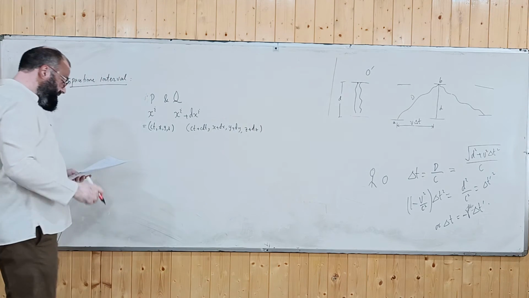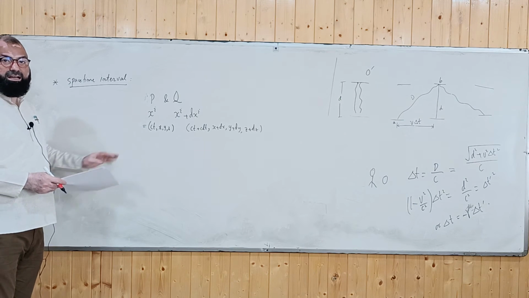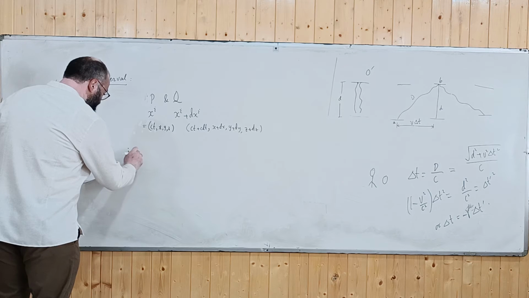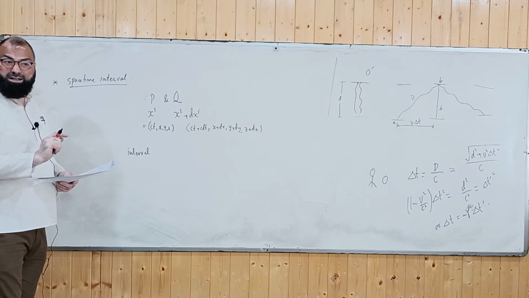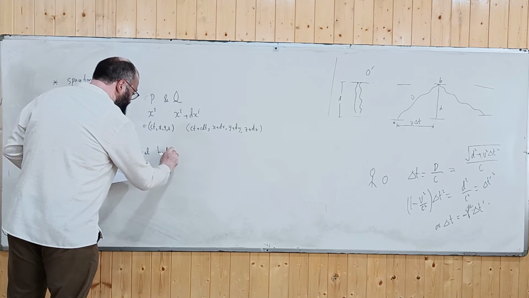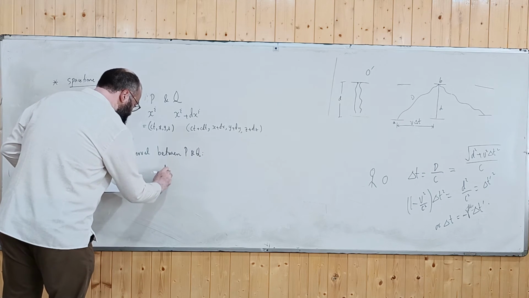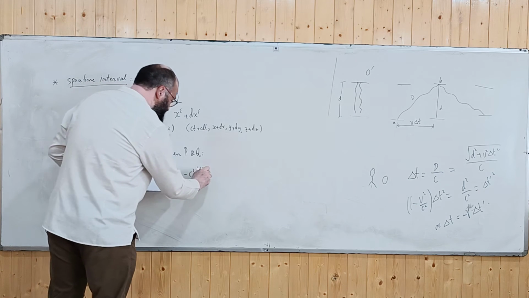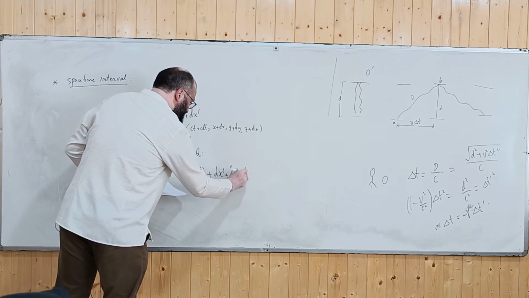Now I can define the interval, which is a very important quantity. I can define an interval between these two events. Interval means simply the length between the two events. So the interval between P and Q: ds square is equal to minus c square dt square plus dx square plus dy square plus dz square.